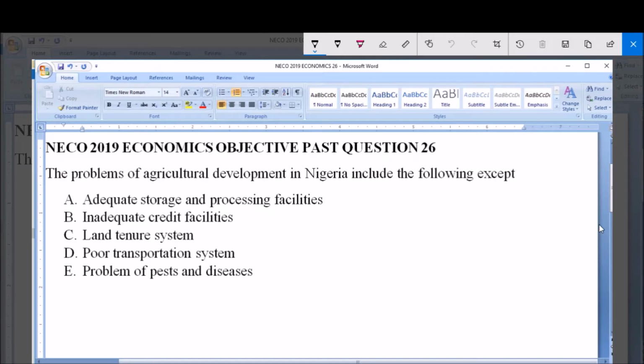So the concept we are looking at here is problems of agricultural development in Nigeria.